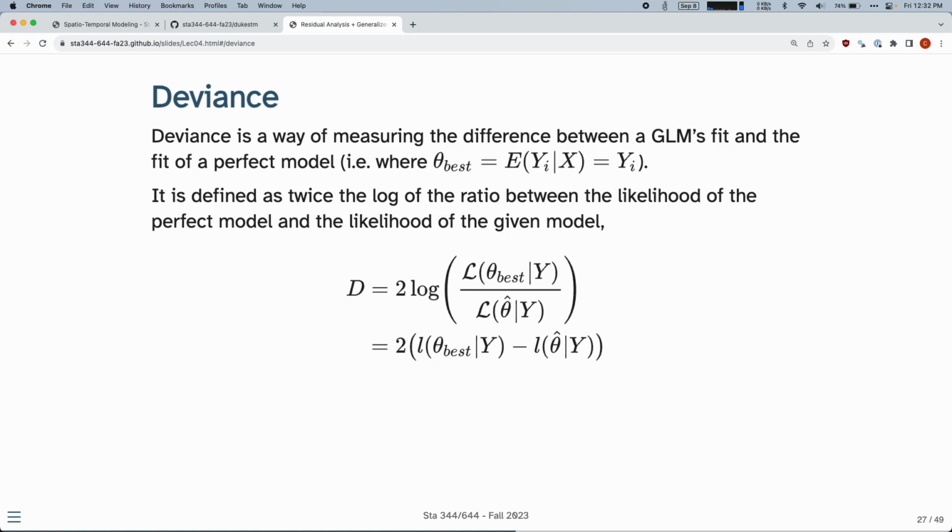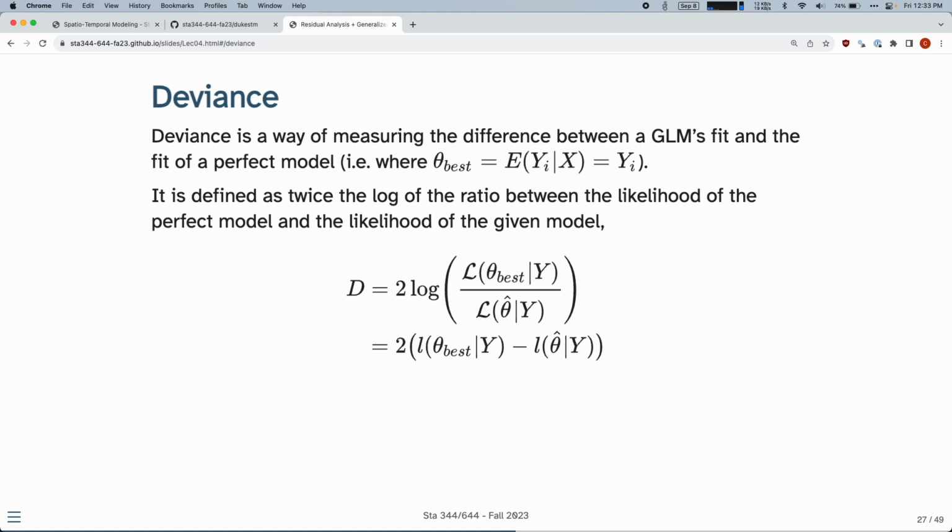So the sum of, so that's the likelihood for a normal. So for the best, as I said, my expected value is just the right answer, the observed value.